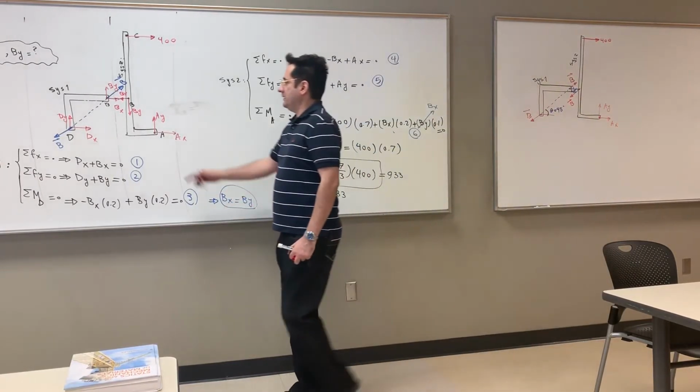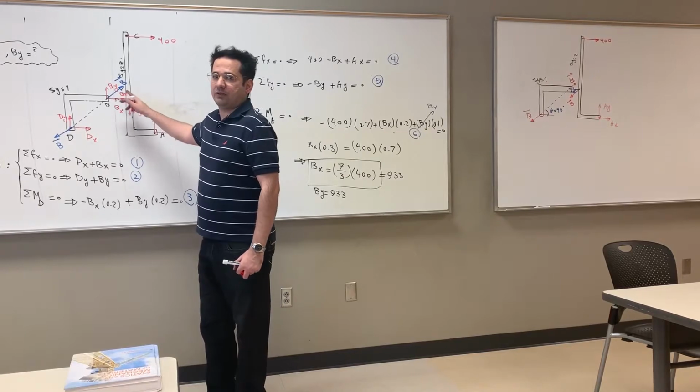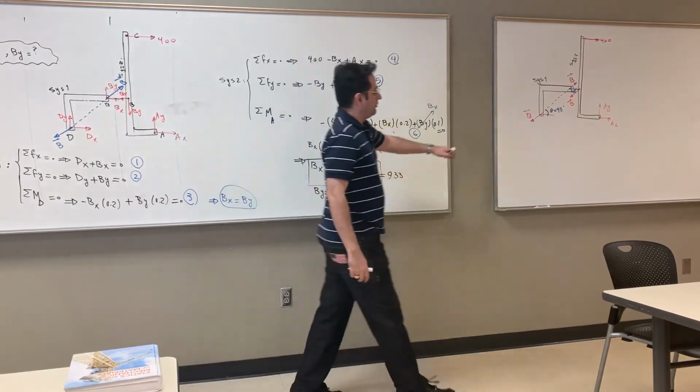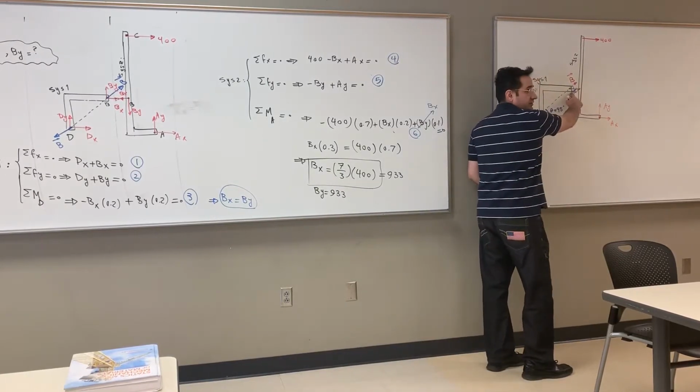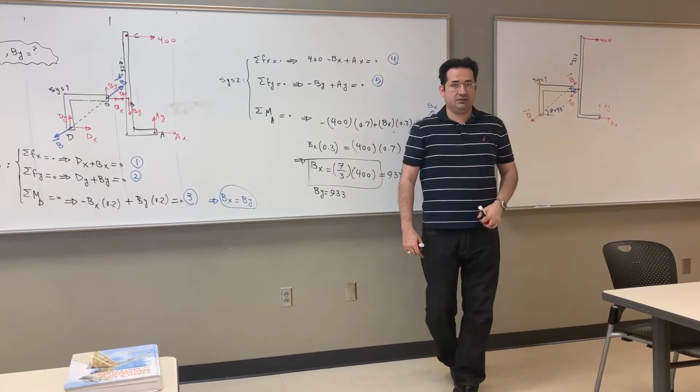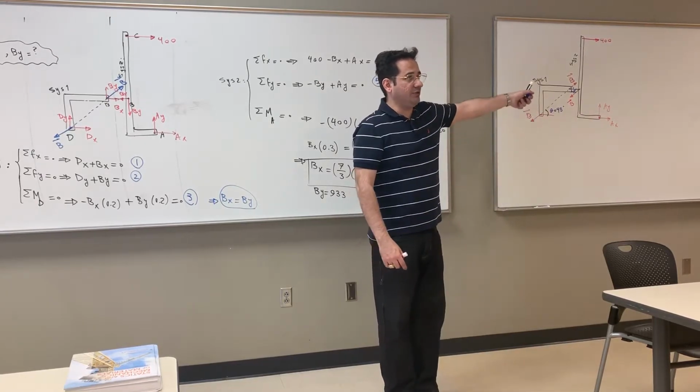You see, instead of having 2 unknowns at point B, I only have 1 unknown, the magnitude of force B. But I have a direction. The direction is 45 degrees.